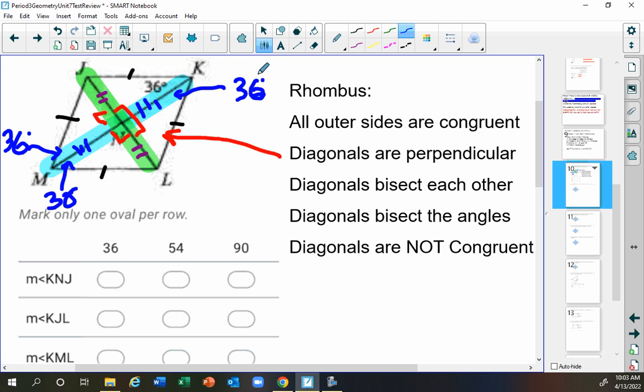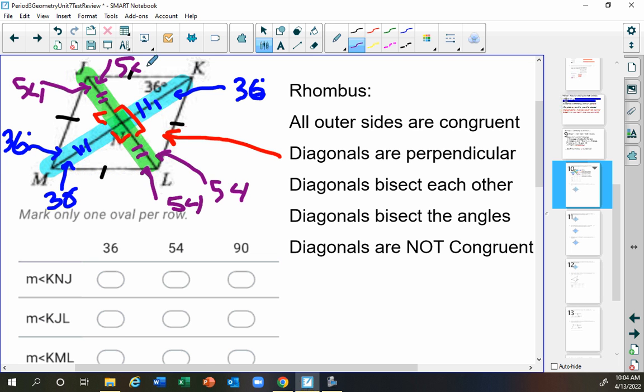And then for the J and the L, you're going to have a 54. That's right, because, yup, these 3 angles right here, 54, 36, and 90 have to add up to 180. She's right. Oops. So that's a 54. That's 54.